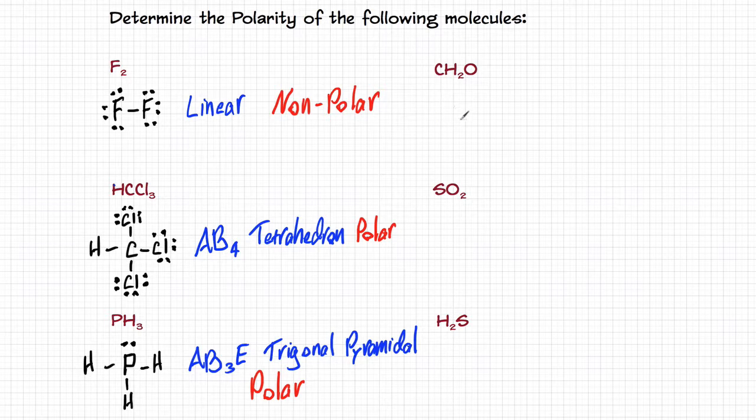Okay, for the next one, this is Mr. Formaldehyde. And the Lewis dot looks something like this. And this is an AB3, and that means it's trigonal planar.